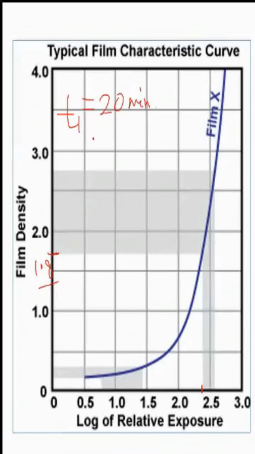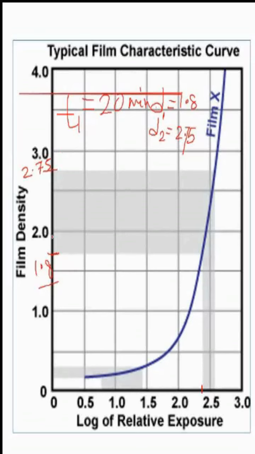Now I want to increase this density from 1.8 to, say, 2.75. So what should we do to increase the density?